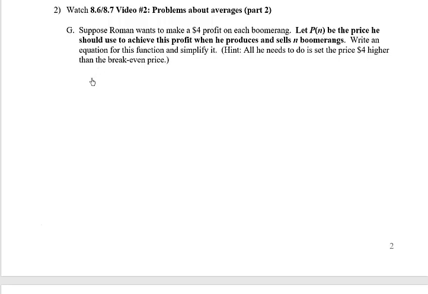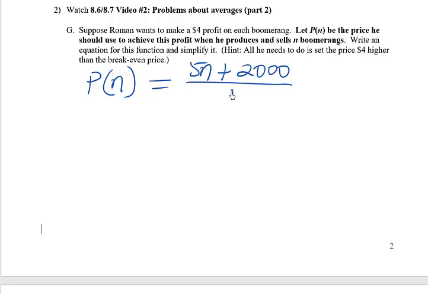So this means my P of n function, my new price tag function, take that B of n function, it was 5n plus 2,000 divided by n. That was the break-even price. Just add $4 onto that, and you now have the final price tag. The directions do say to simplify this function.